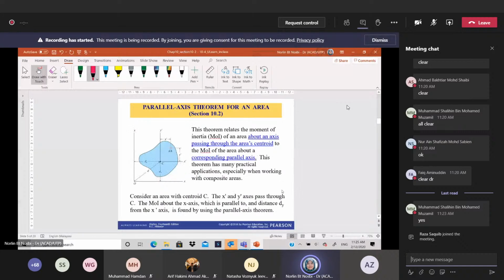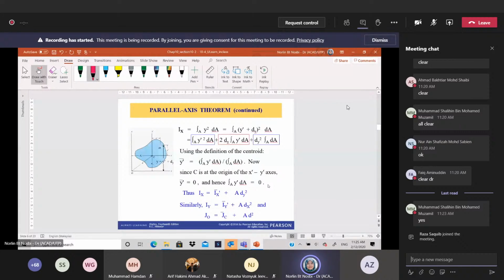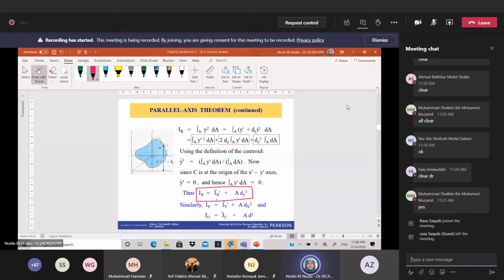For a composite, the equation that relates to the moment of inertia about x is I x equals I x bar plus A dy squared.